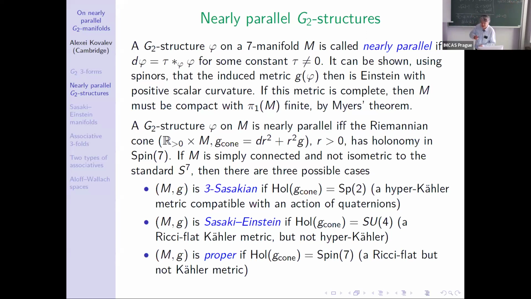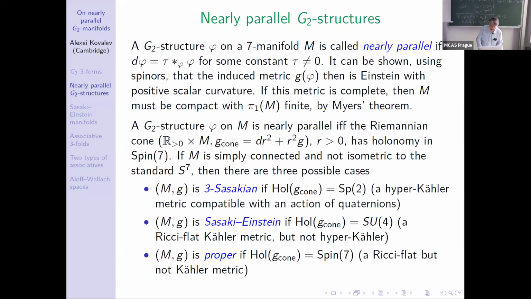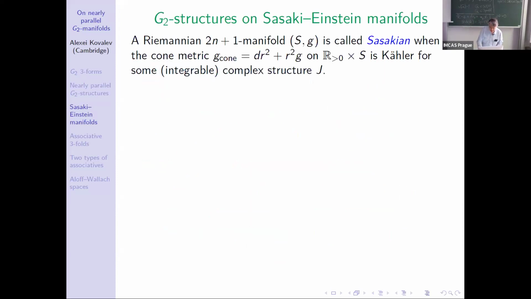So the resulting related structures in 8 dimensions are then parallel. Now let's consider this case of Sasaki-Einstein manifolds. Let's just recall that's when the cone has Calabi-Yau structure, so Ricci flat Kähler.